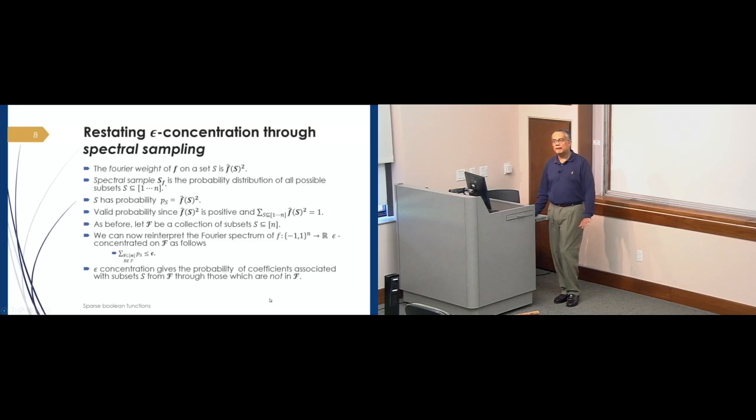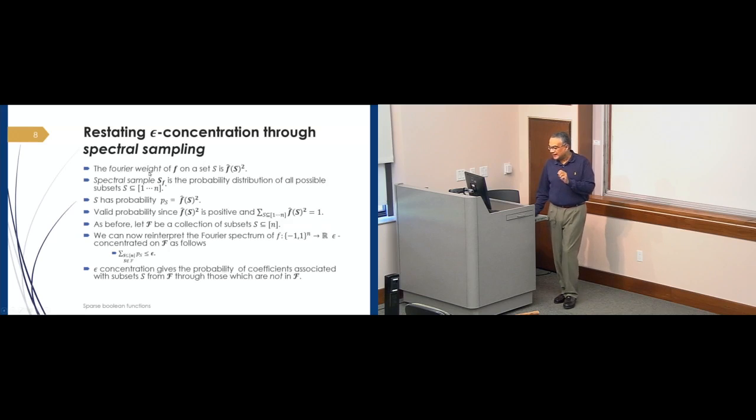So that's one item we will just remember, Parseval's theorem, which is useful as we move forward in proving our main theorem. Second idea is we also define something called an epsilon concentration, which means some of the Fourier coefficients had more weight than others, loosely speaking.